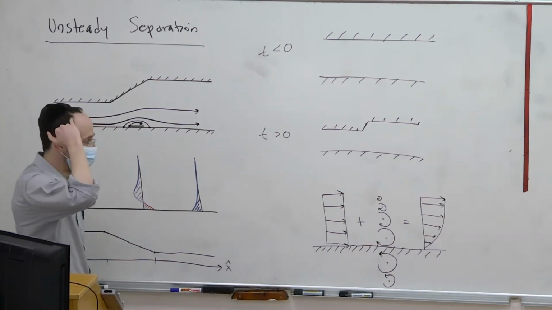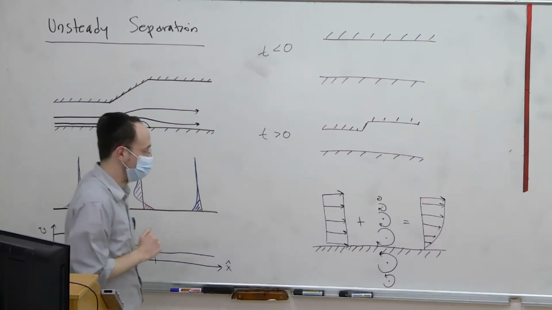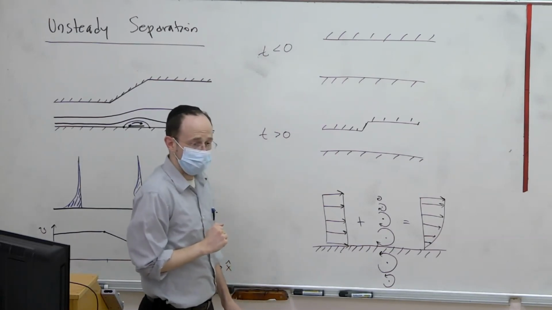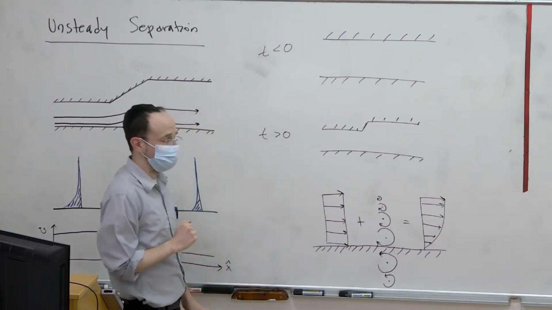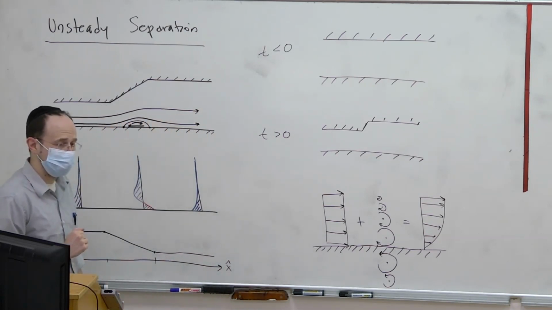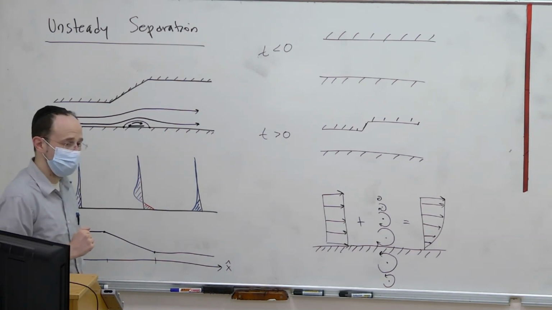When you say that you add vortices, you mean like point vortices? These are point vortices, but it's irrotational. Irrotational flow plus point vortices. Yes, but the point vortices are potential, so the flow remains irrotational.